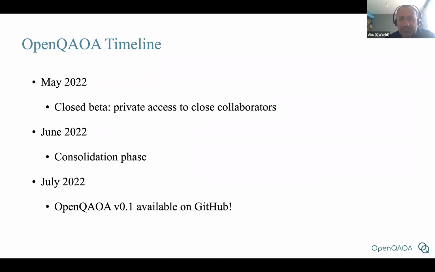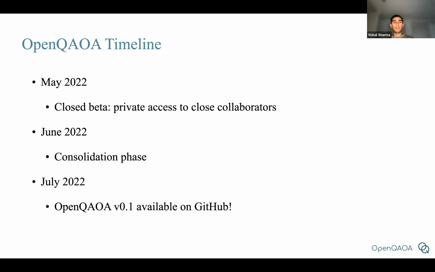At the moment, if you go to GitHub, you can't access OpenQAOA because it's a private repository. That's because starting May 2022, we were working on this closed beta, where we had private access for closed collaborators, and they interact with the repository and tell us their feedback. But starting July, we plan to go open source with it.